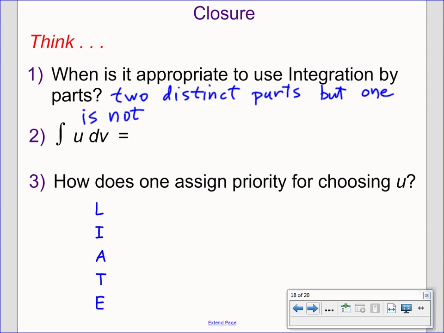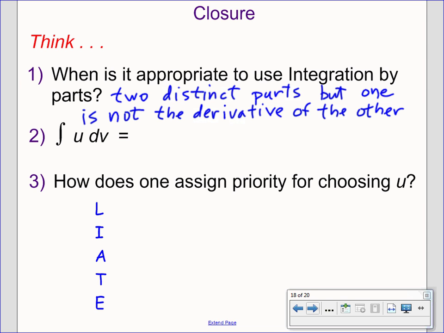So one's not part of the chain rule, not undoing the chain rule. Awesome. So whenever we have a product where the pieces do not form the chain rule.